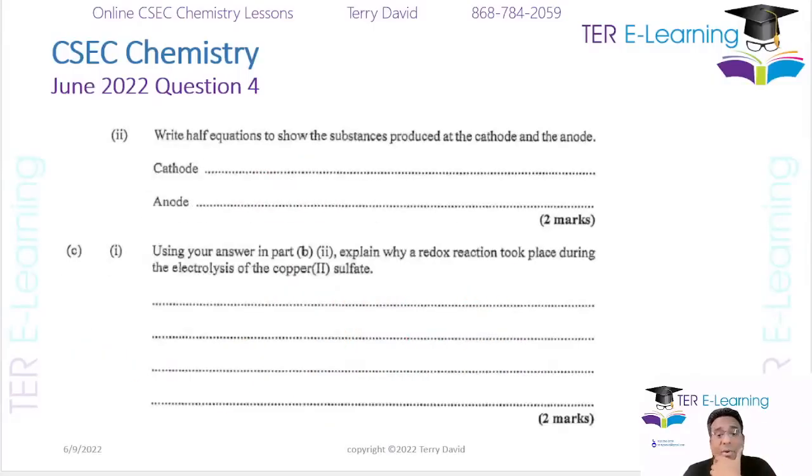Now, write half equations to show the substances produced at the anode and at the cathode. This is one of those things that some students may have had a little trouble with, because they were trying to remember what's supposed to happen in this electrolysis reaction.